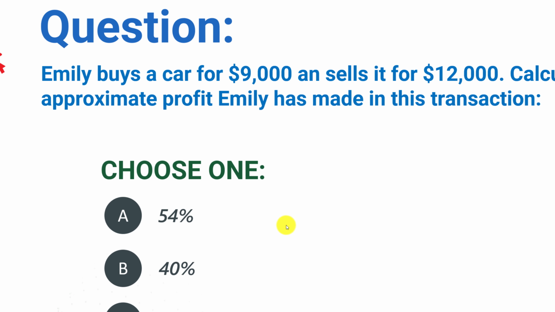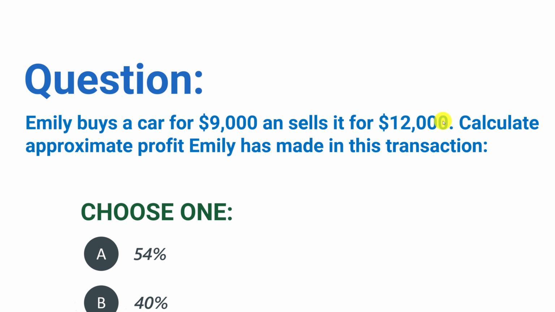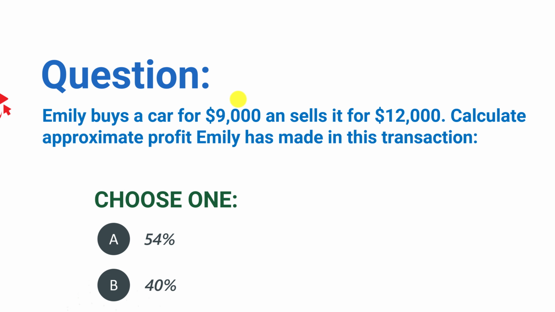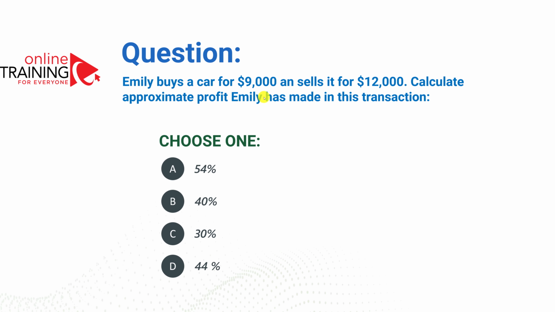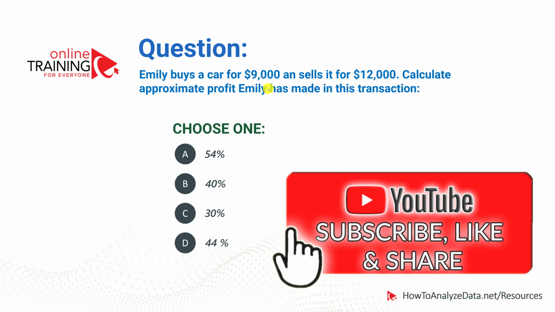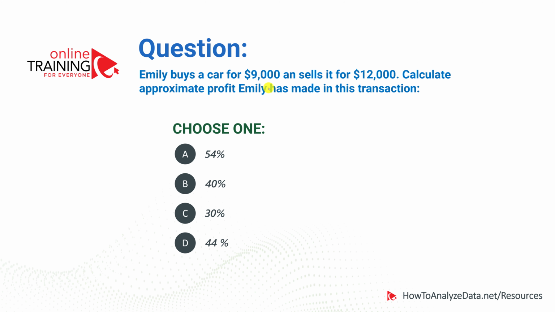First, to answer the question here, you need to calculate the actual profit. And the profit is $12,000 minus $9,000, which is equal to $3,000. Then you need to calculate the profit percentage, which is calculated by $3,000 divided by $9,000, because $9,000 is the original price. And the value here that you will get would be 30%.